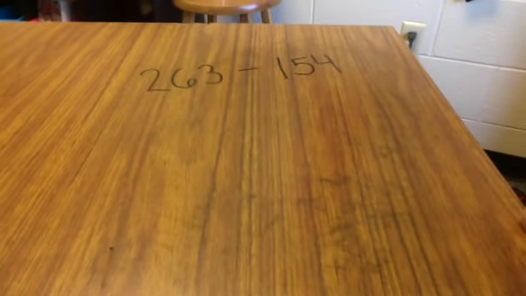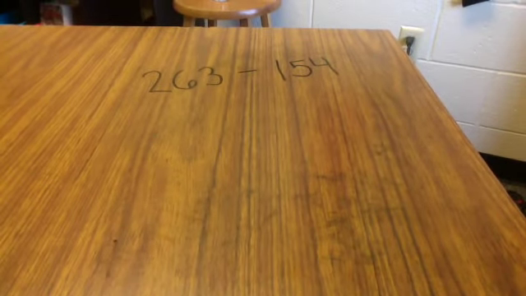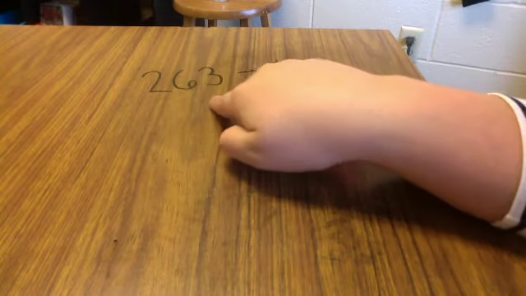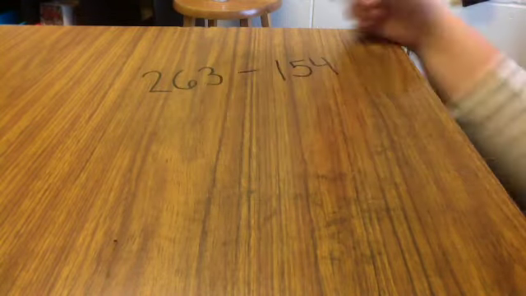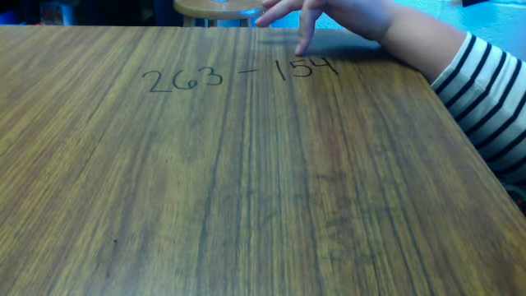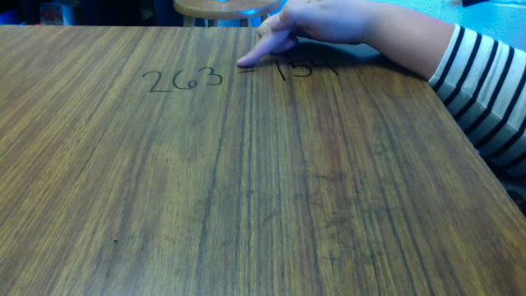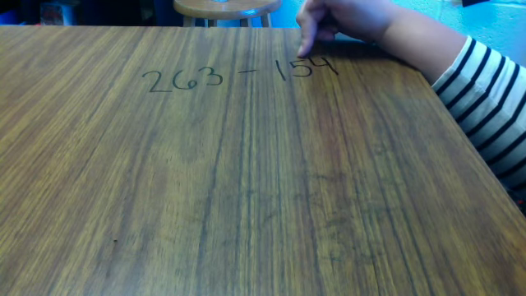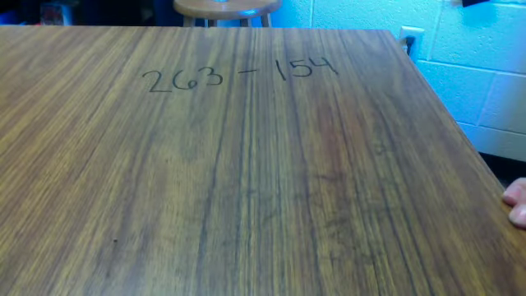Our problem is 263 minus 154. So again, I am going to show you with sticks and bundles just the number 263. And remember, we take away what's after the minus sign. So I'm going to be taking 154 away from that number.